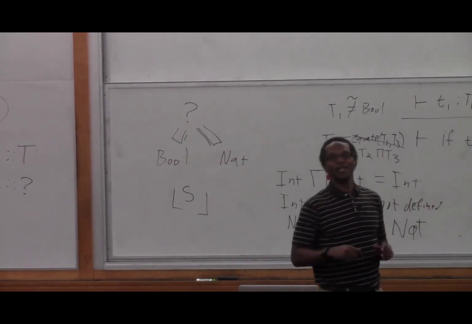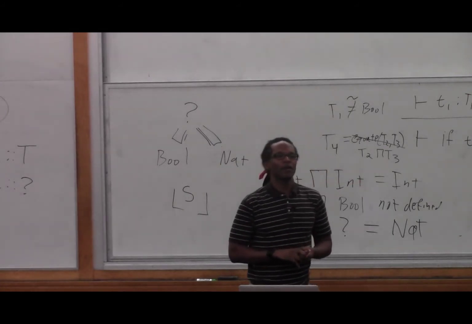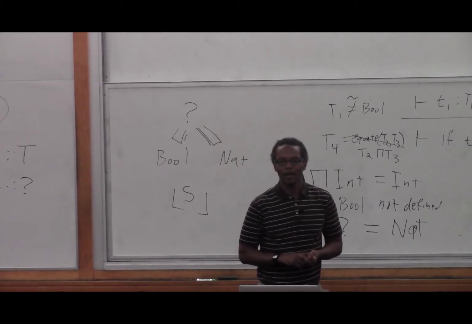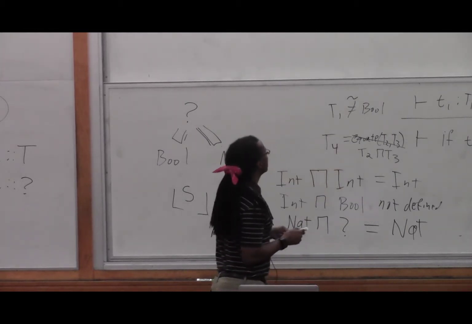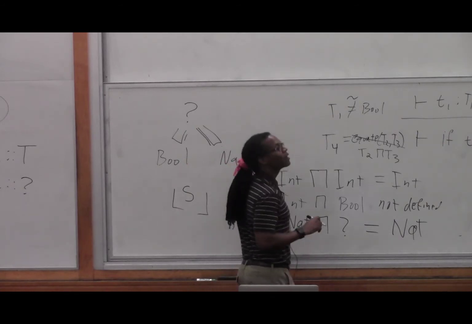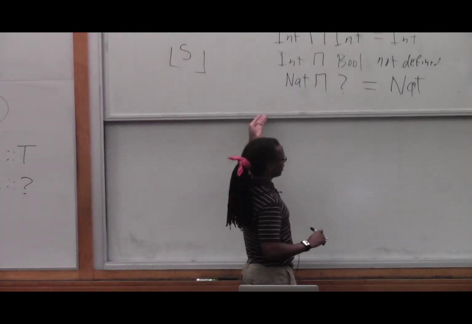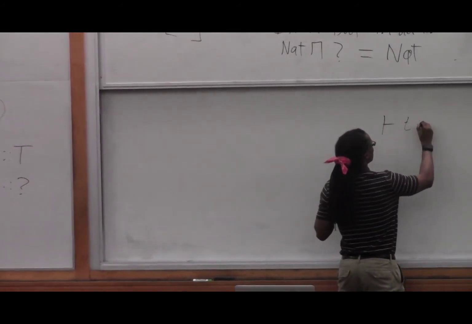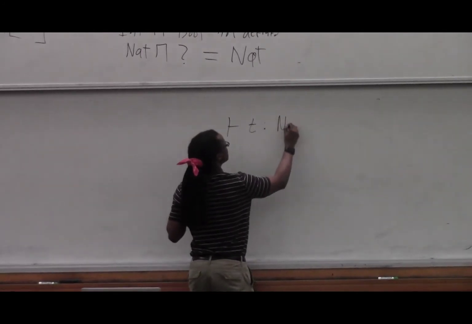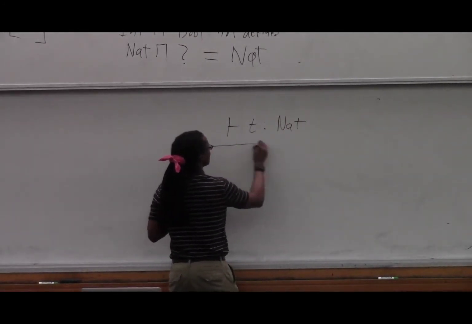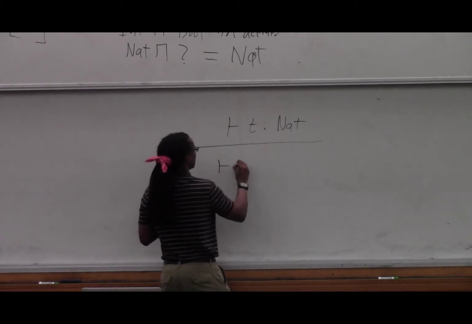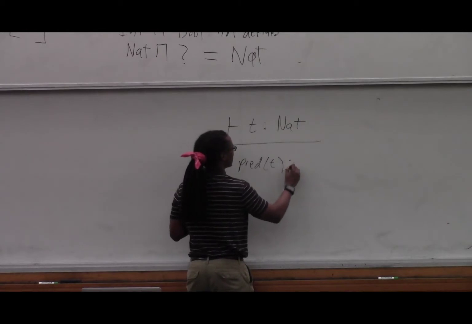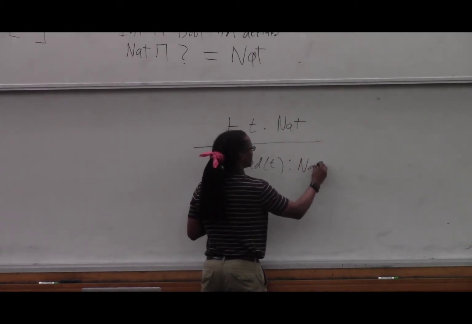So we can play this game with each of the rules in the language. What I'll do is write down the rule for pred. The usual rule for pred is: if T has type nat, then pred of T has type nat.